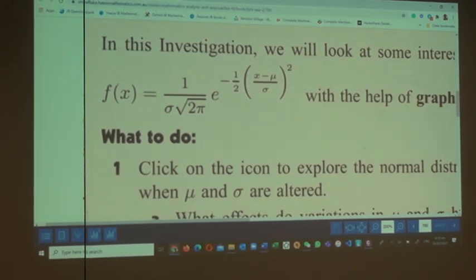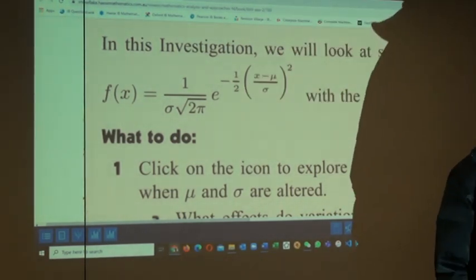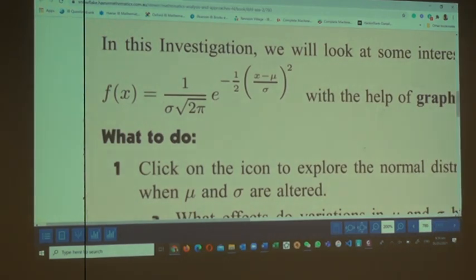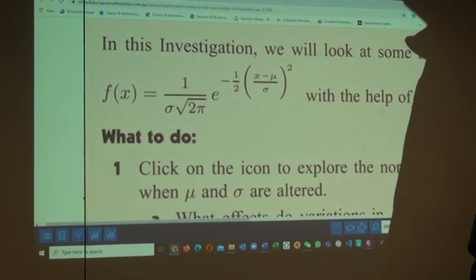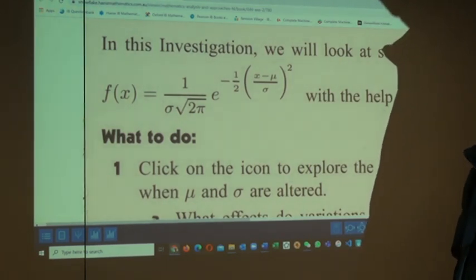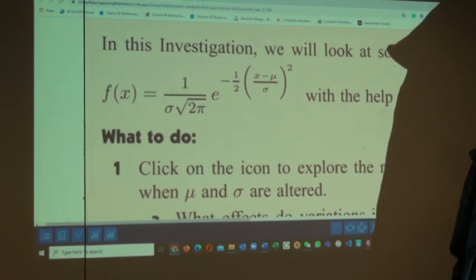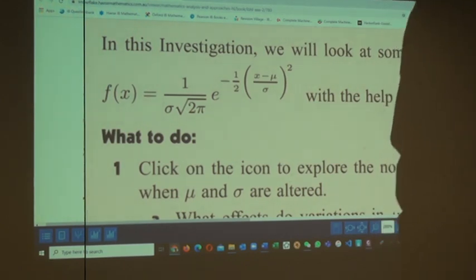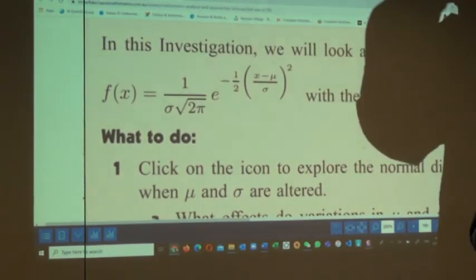The first two things we must check. If you want to check that f of x is a valid probability density function, what is the first thing you check? One of them will be f of x greater than or equal to 0. You must check that, for all the values throughout the entire domain.